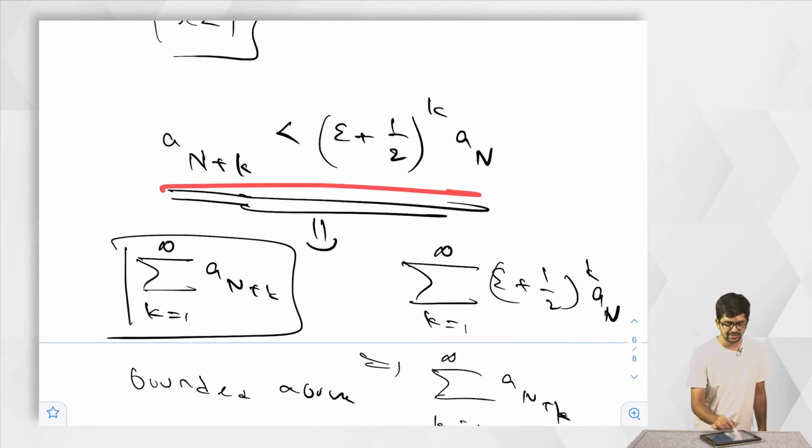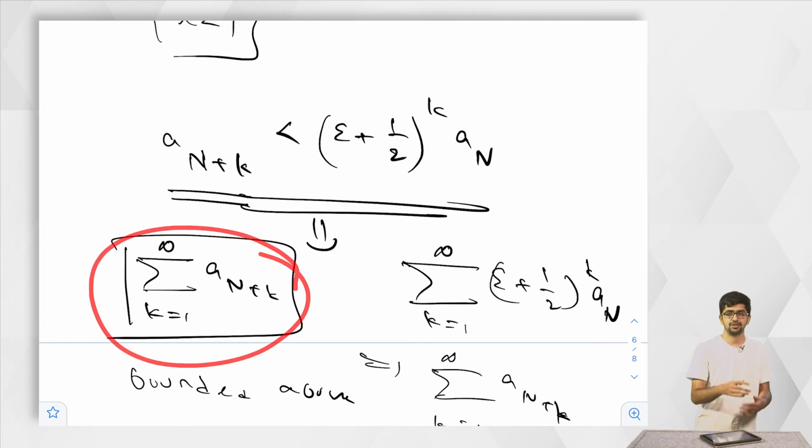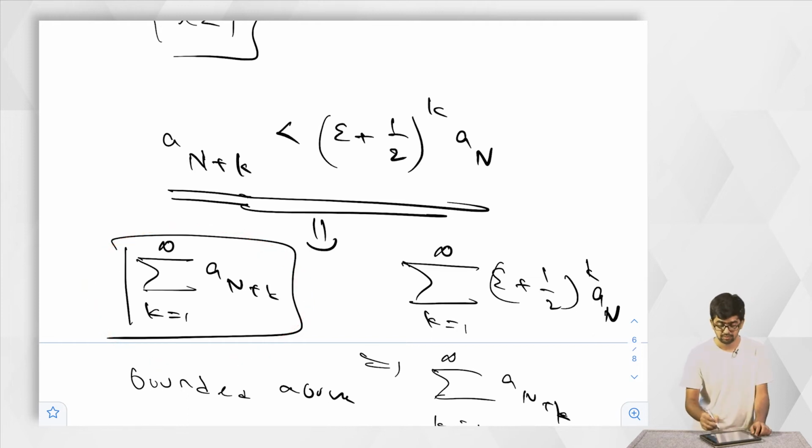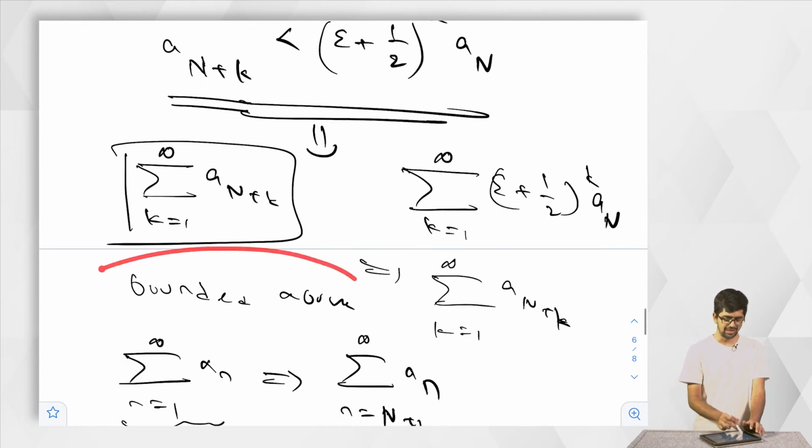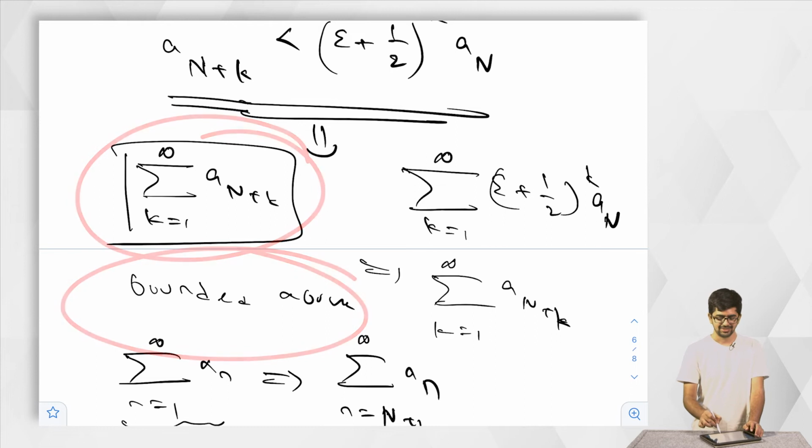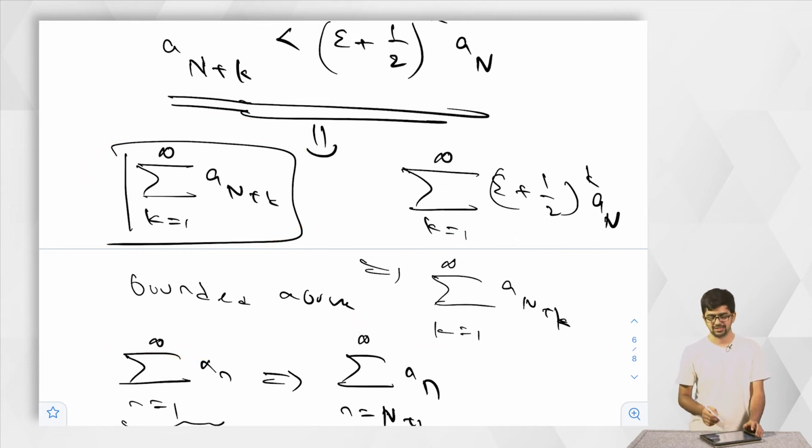Then this thing says the sequence of partial sums associated to this series, each term is less than or equal to the sequence of partial sums associated to this series. Again this series is convergent, every element is non-negative, so the sequence of partial sums is bounded above. So combining all those results, we realize that this series, starting at n plus 1, is convergent.